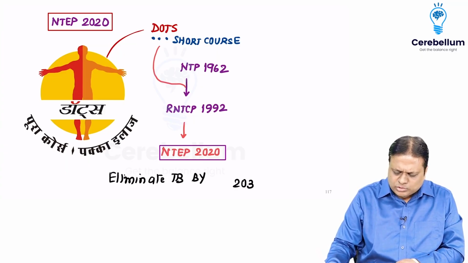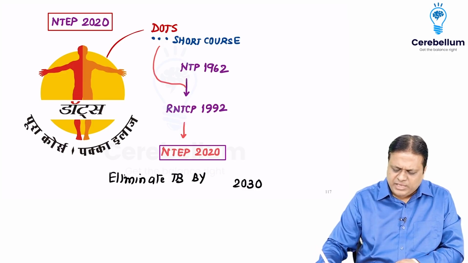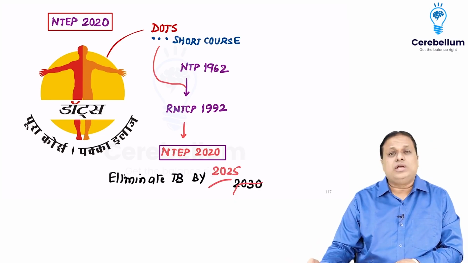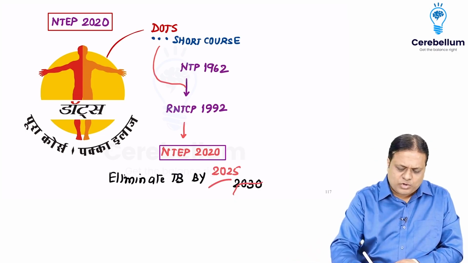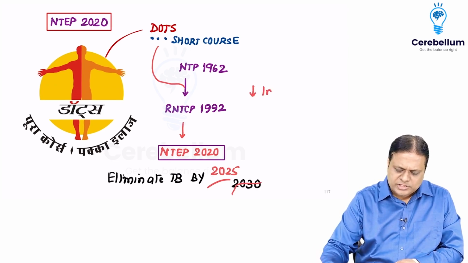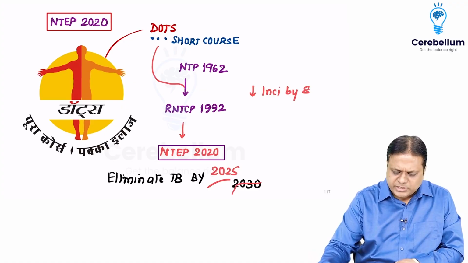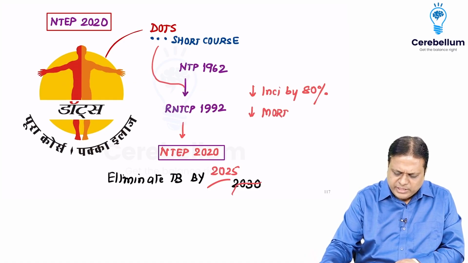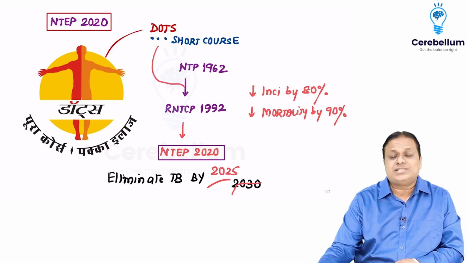Initially, it was 2030. We have preponed the target by 5 years to 2025. We want to reduce incidence by 80% and mortality by 90% to achieve this elimination.